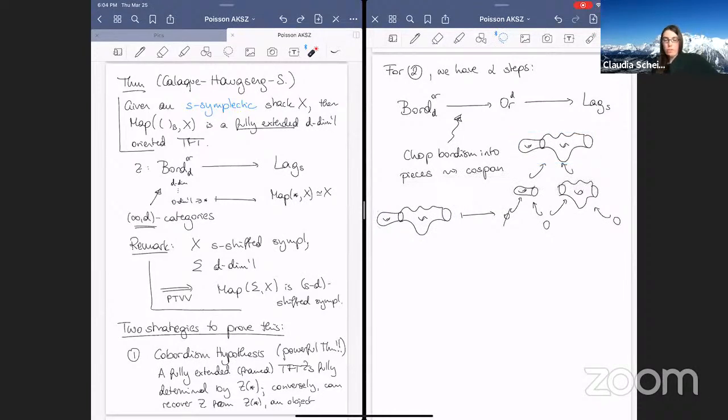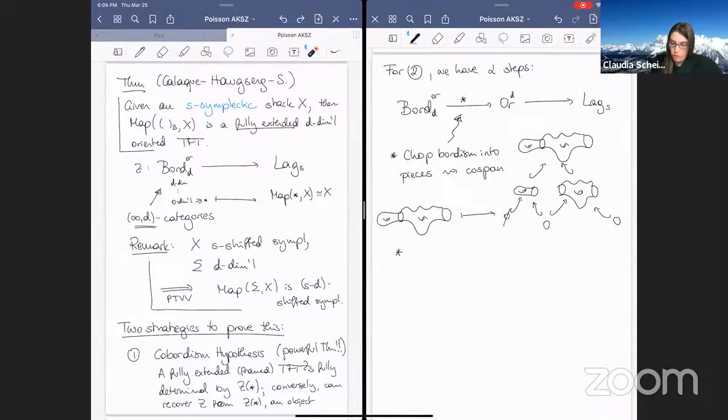Okay, so that's just basically this first procedure. The first half of this first procedure is to extract the diagram, just because these are the diagrams that will appear in this Lag side. But they have more.